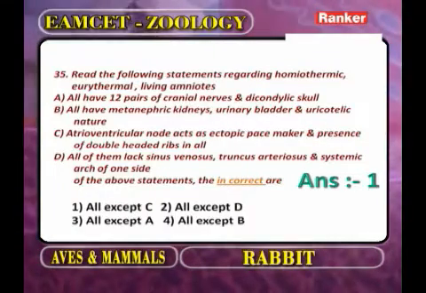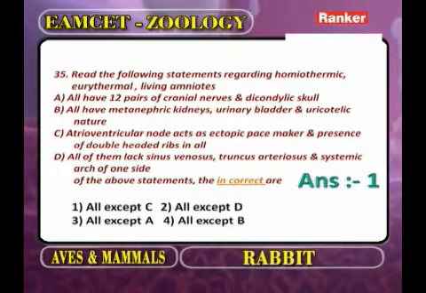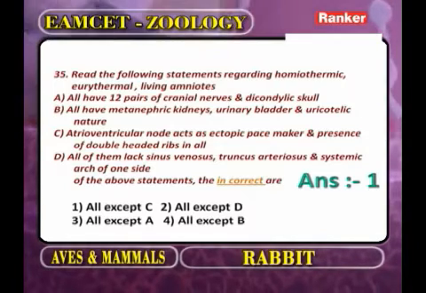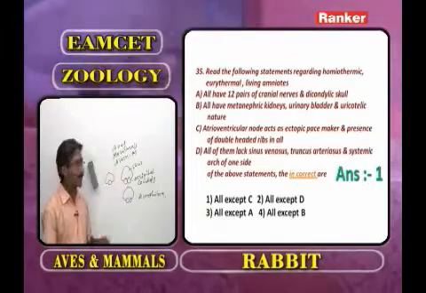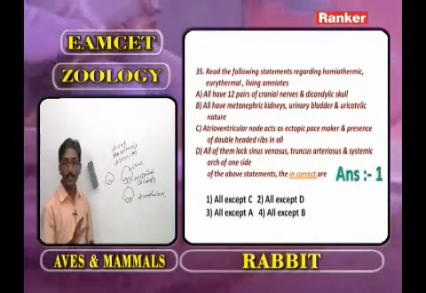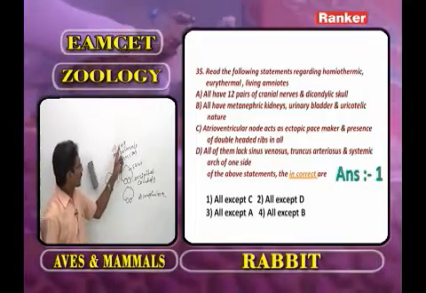Aves and mammals have metanephric kidneys. Urinary bladder: in mammals the urinary bladder is present, but in aves it is absent. And aves are uricotelic, but mammals are ureotelic. So the second one is wrong.